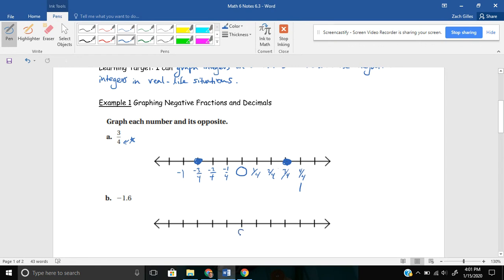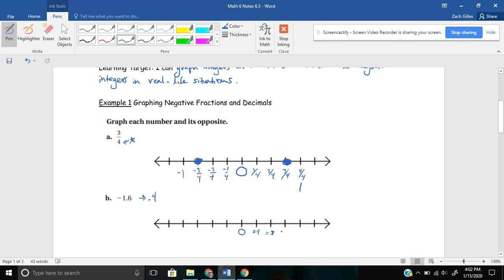On the next one, it says graph negative 1.6 and its opposite. So here's my middle. I'll call this 0. Now, could I go by ones? Yeah, I could, but I could be a little bit more accurate. I could go by halves, and that would be better, but I think the best would be to go by 4/10 or 0.4, because if I took 0.4 and times it by 4, that would give me that 1.6. Okay, so I'll start with 0.4. 0.4 times 2 would be 0.8.